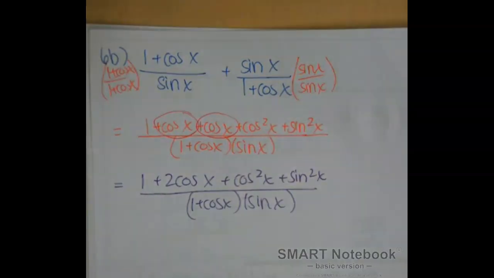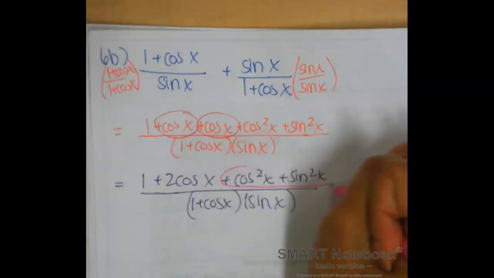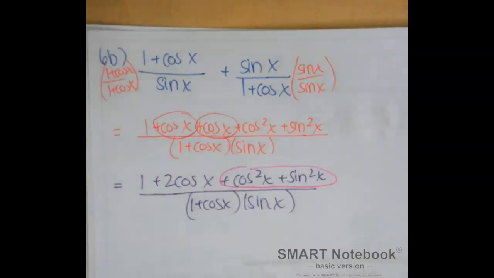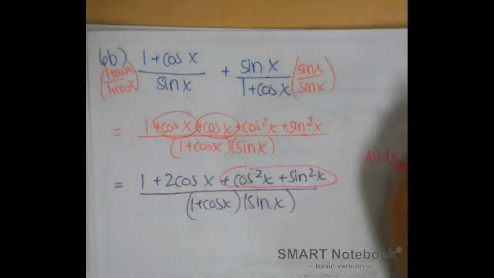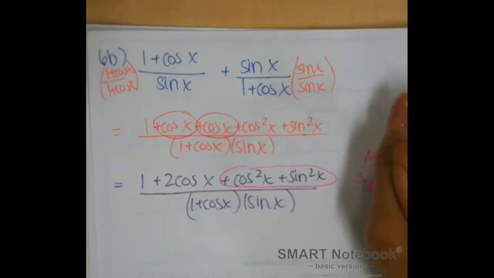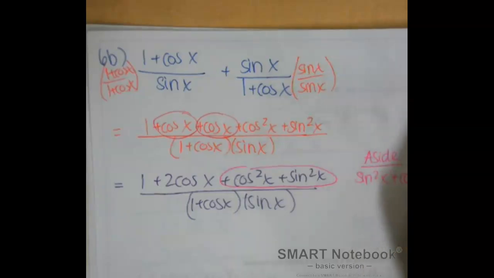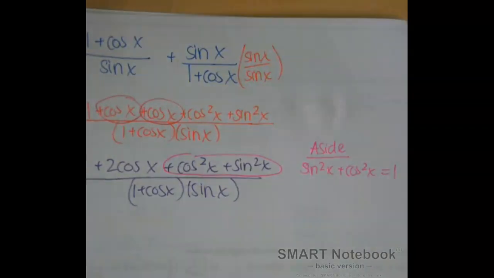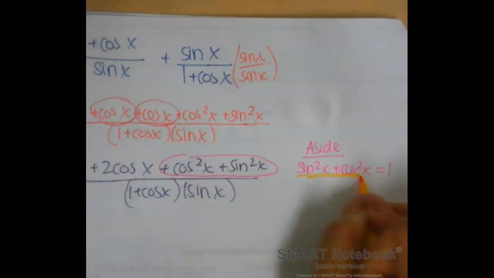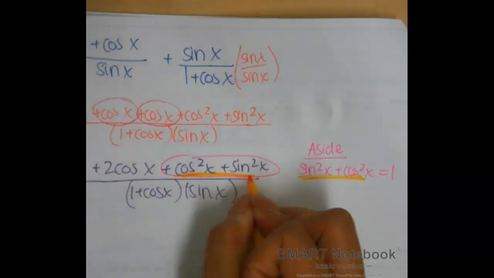This thing at the end is really bothering me. Have we seen this somewhere? Chelsea, where have you seen this? On the first page, when you saw sine squared x plus cosine squared x equals 1, you can replace it. So let me ask you this, Chelsea. Does this match up with this?